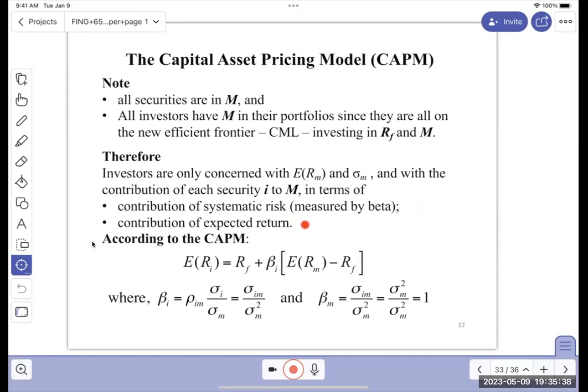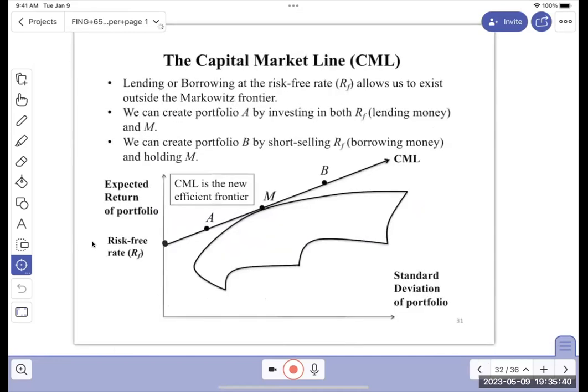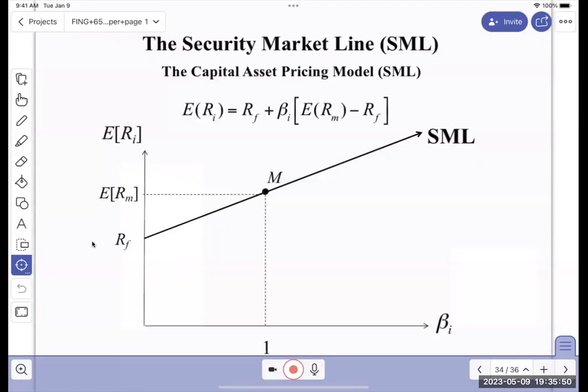What I'm going to do next is take this trade-off between risk and return and now, instead of looking at the portfolio, I'm going to look at each asset's expected return, and I'm going to put its risk here.